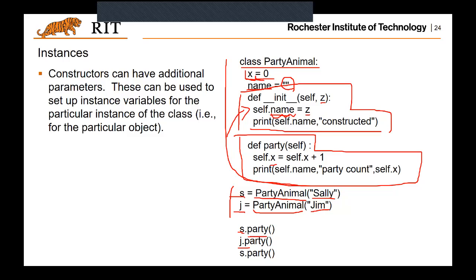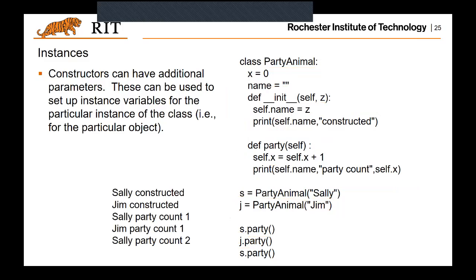It has nothing to do with J's x. J's x will be modified if you call J's party function, right? And the x of s will be updated again if you call the party of s again.